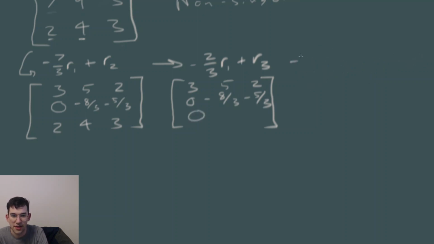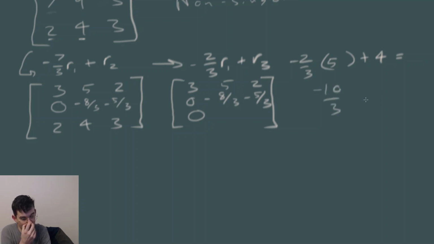Negative 2/3 times 5, top row, plus 4, the bottom row, equals negative 10 thirds plus 4, and we can times it by 1, which is 3 thirds, so 4 times 3, 12 thirds, equals a good old 2 thirds.